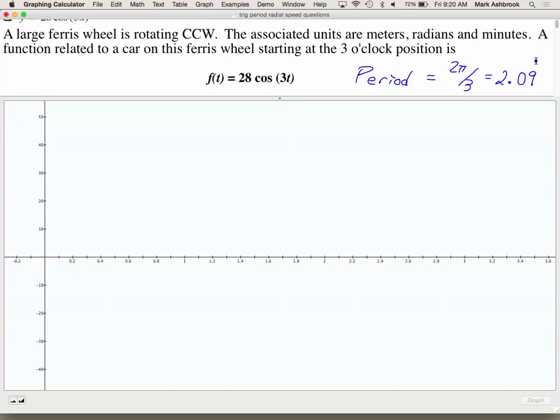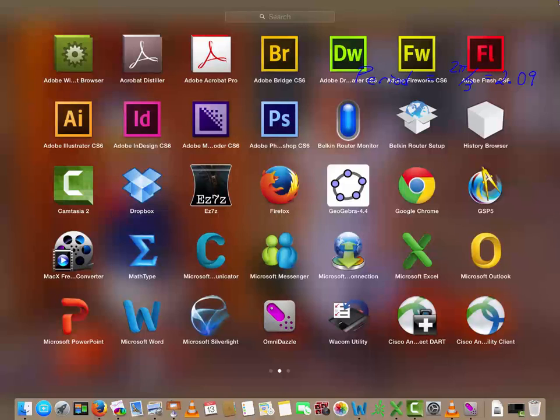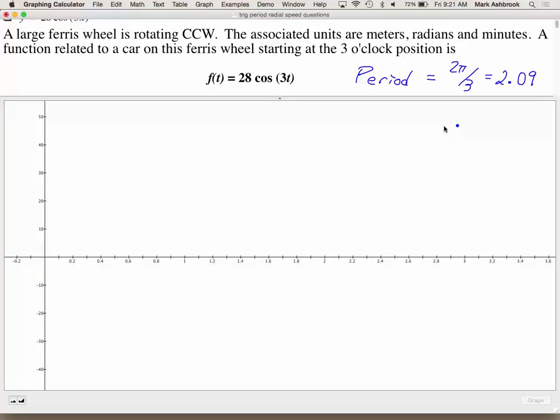Is it fraction of a radius length? 2.09 what? Okay, the period is the interval of input, and our input is our time elapsed since being at the 3 o'clock position. So it's 2.09 minutes.